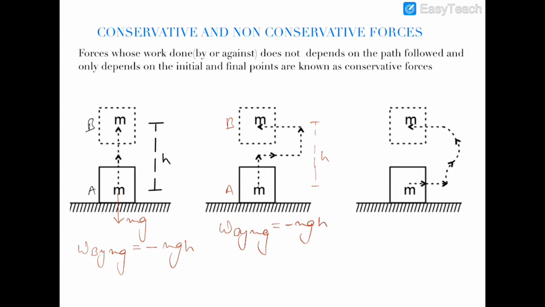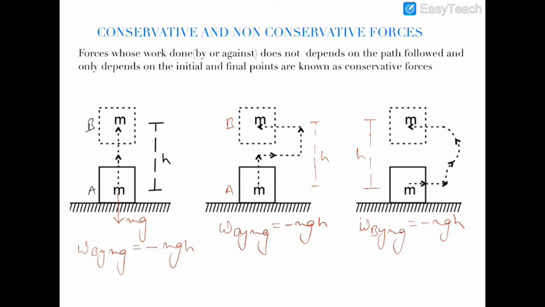In this third case, I'm taking the block through this arbitrary path, but the height is still the same, h. So in this case also, the work done by mg will be equal to minus mgh.